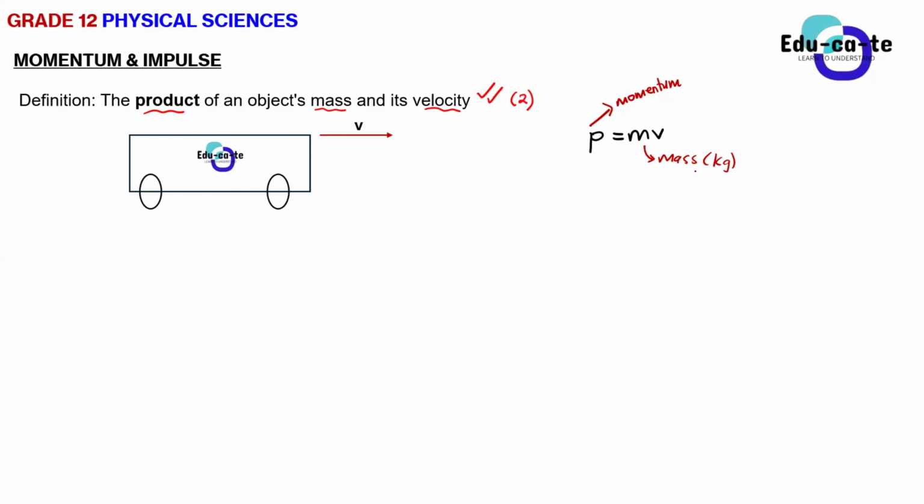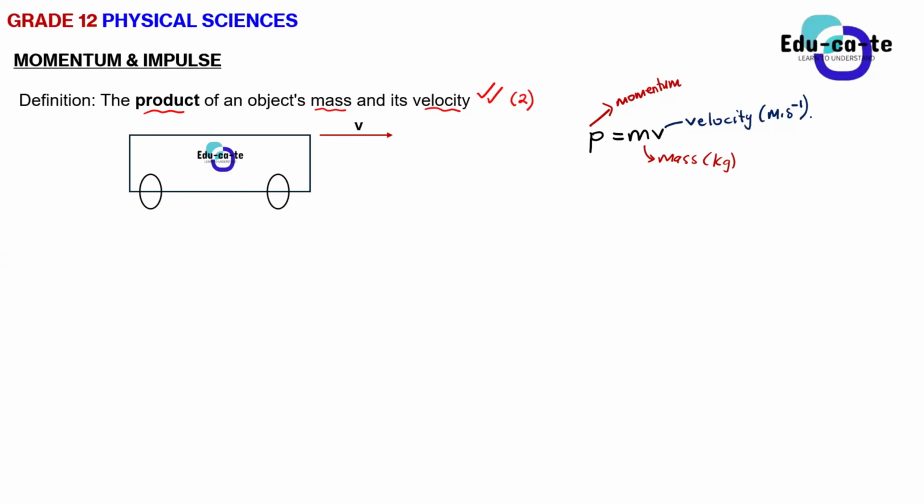Sometimes they can give you a number in grams. If you dare use it in grams, you're going to tell yourself you passed the exam, and then you're going to cry when you receive the script. And this v stands for velocity, which we measure in the standard unit of meters per second.